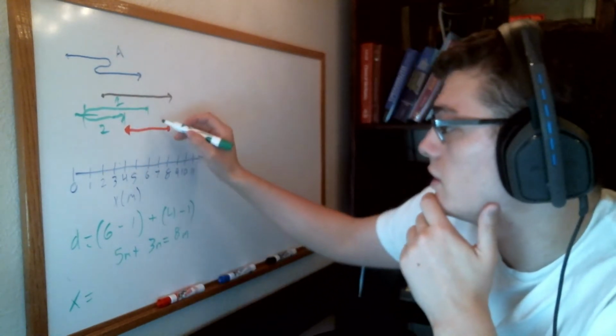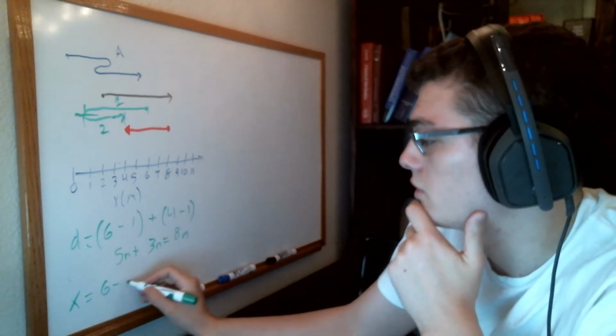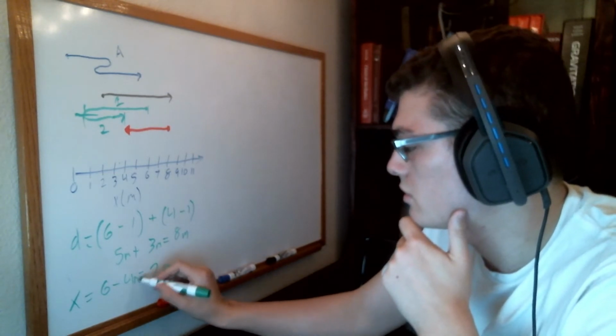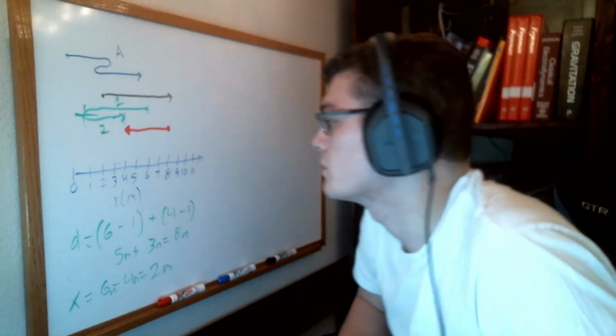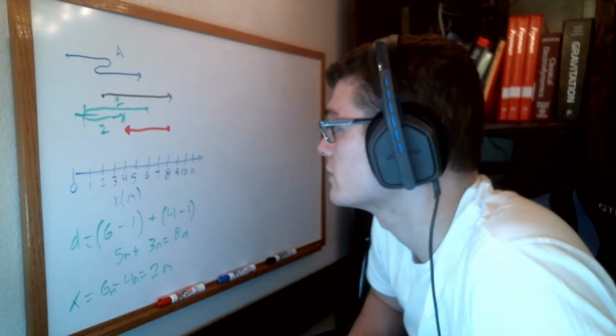So we have 6 minus 4, and that'll just give us 2. So these are pretty basic problems that we're dealing with. We're just going over the very basics of this displacement.